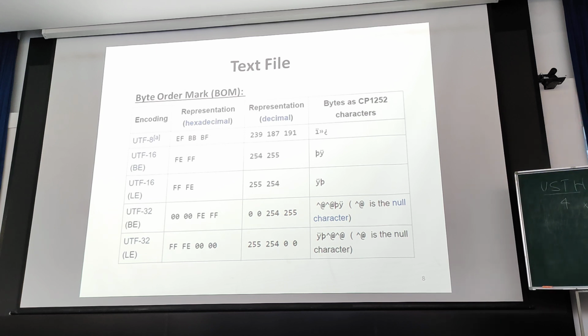Why do we need such a rule? It means that for UTF-16, we need 2 more bytes at the beginning of every text file. You know why?